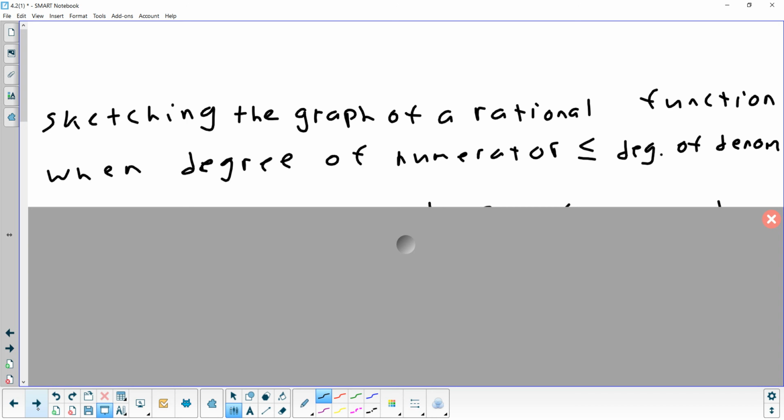So we are going to specifically look at sketching when the degree of the numerator is smaller, that was the first one we did, or equal, that was the second one we did, to the denominator. When the numerator is bigger, that's a little different. We're going to look at that tomorrow. That's part 2.